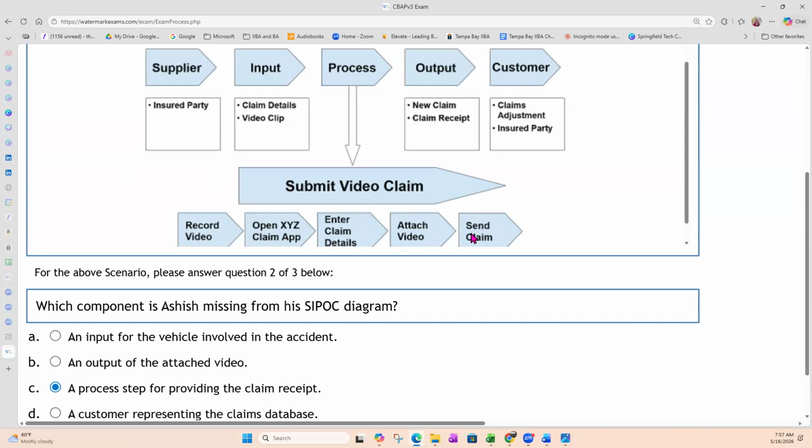Is this what he's missing, what he has drawn in the SIPOC, or is there in the SIPOC something missing? Something is missing in the SIPOC. There's a component missing. I can't identify. Okay. What would you have added or even removed from this?